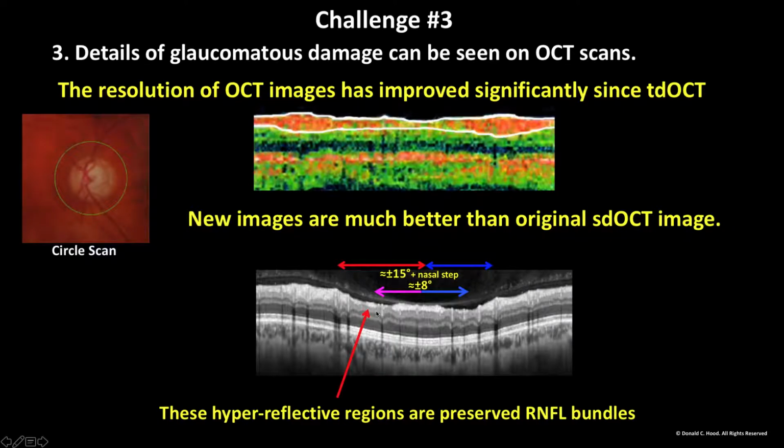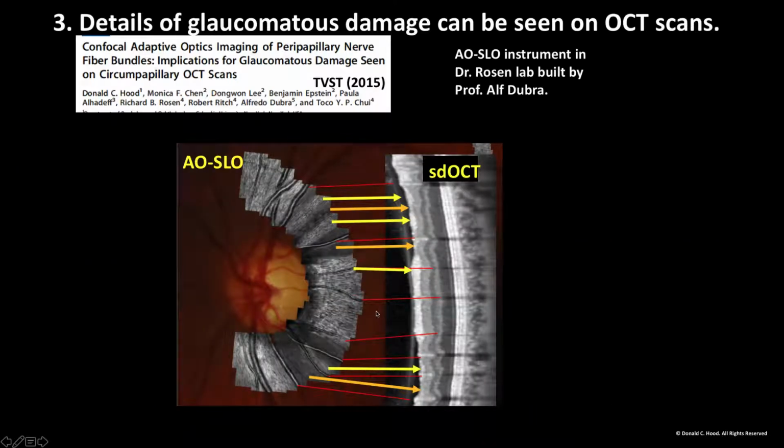So we did this study a couple of years ago in which we used an AOSLO machine, state-of-the-art, built by Professor Alf Dubra, and with the collaboration of Richard Rosen, who owned the machine, and Toco Chui, who was the expert in running and interpreting these images, we did the following study.